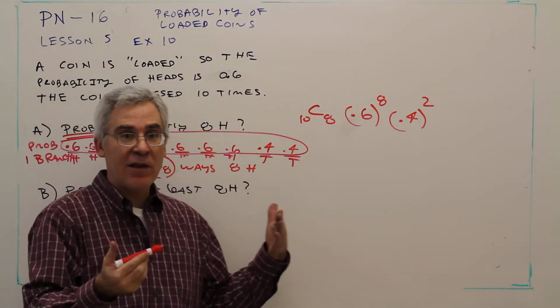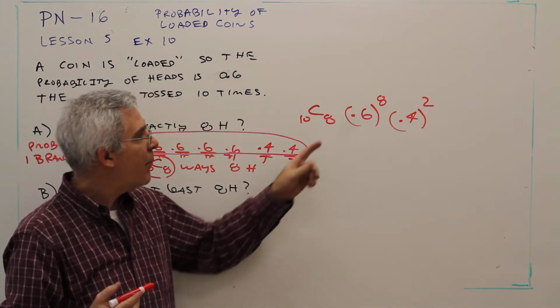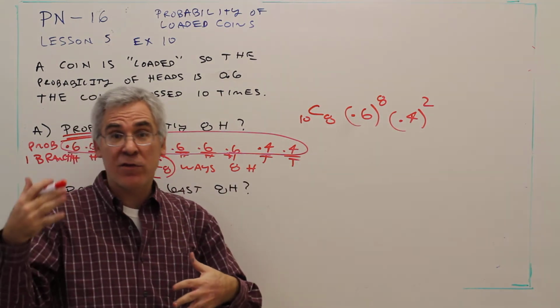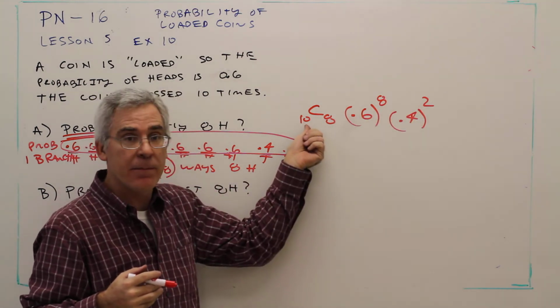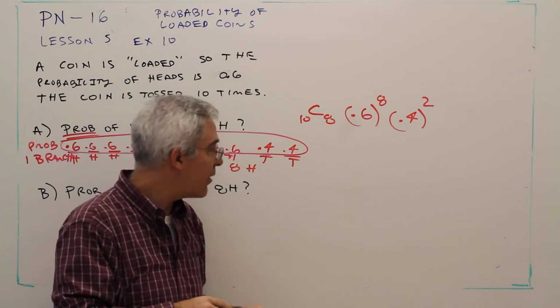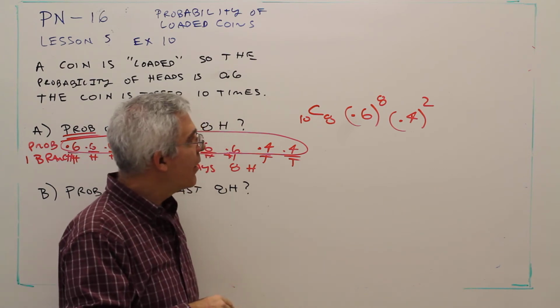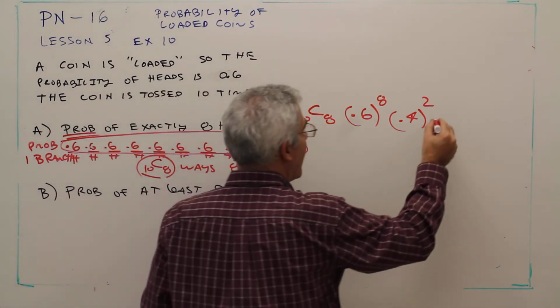And perhaps you can see a little pattern here. 0.6 and 0.4 sum to 1, 8 and 2 sum to 10. So this will be generalized in the future. All right, I'll just calculate that at the end.